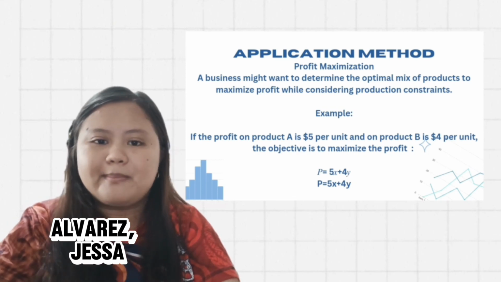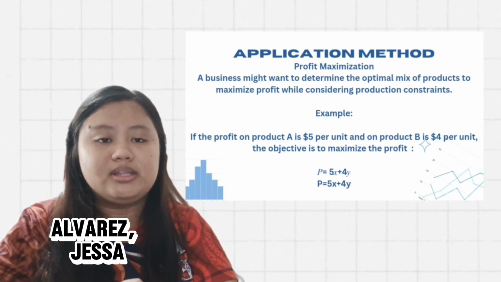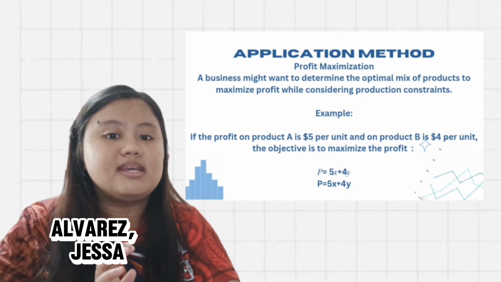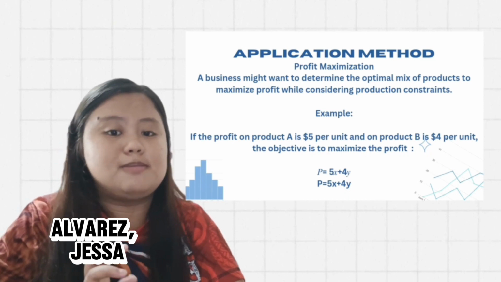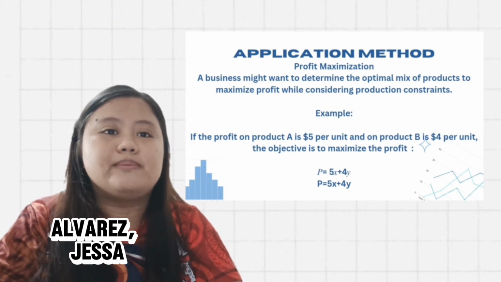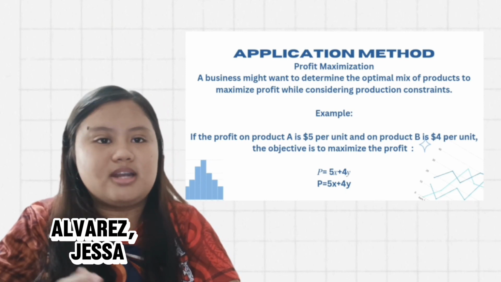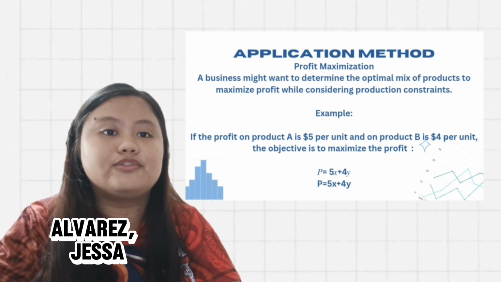For example, if the profit on product A is $5 per unit and on product B is $4 per unit, the objective is to maximize the profit P. The formula for this is P equals 5x plus 4y.